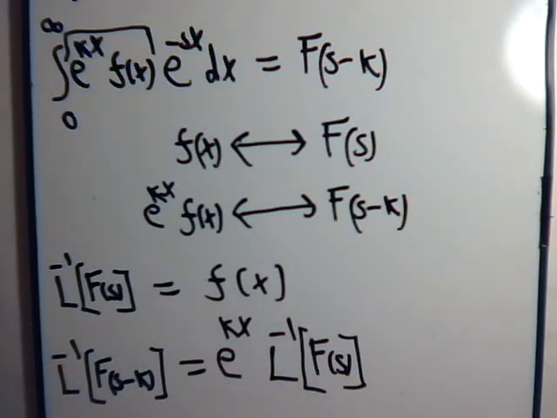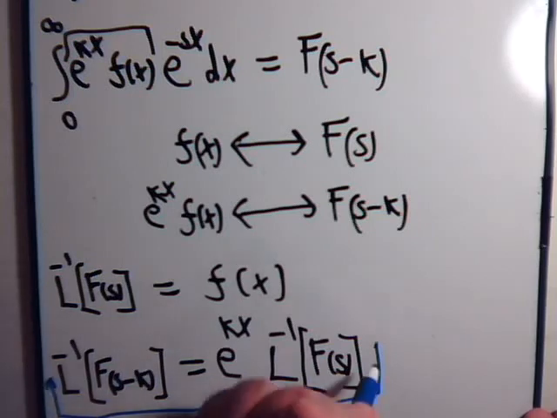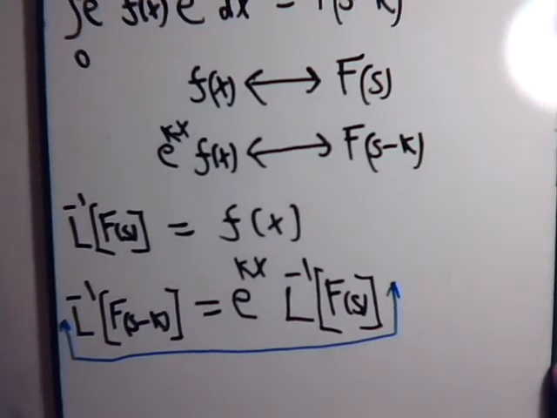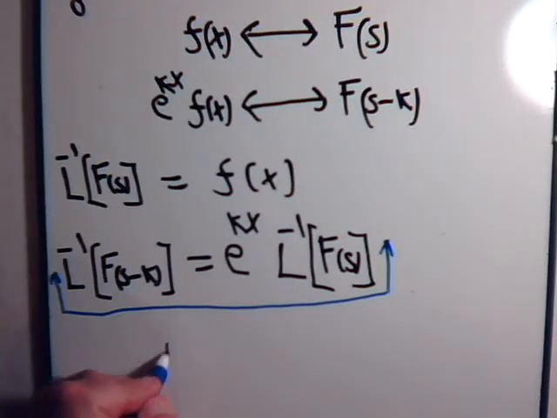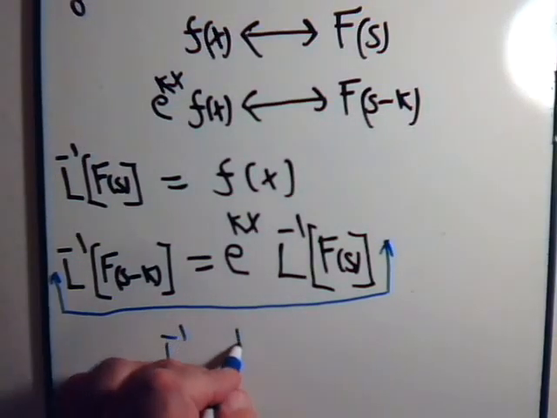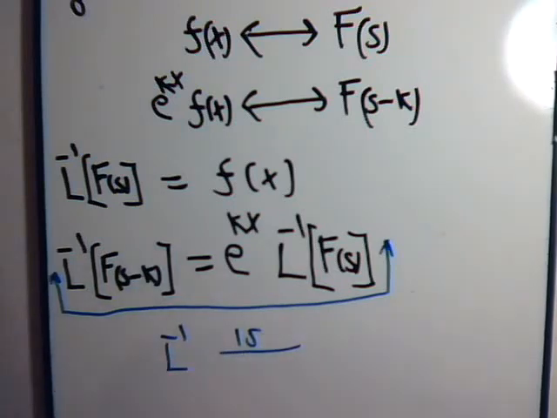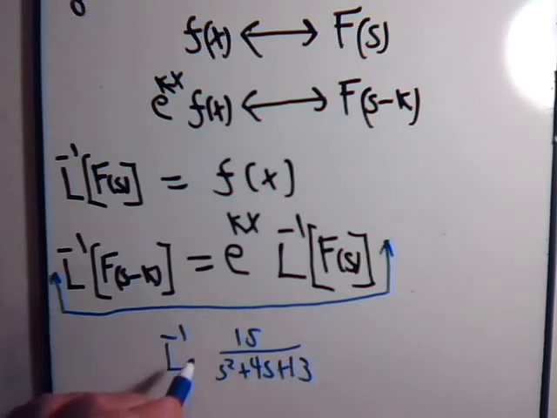And we're making a big deal out of this because this is a very handy tool that we can use. We're going to use it in the next video. For example, suppose that we wanted to take the inverse Laplace transform of 15 divided by, say, s squared plus 4s plus 13.